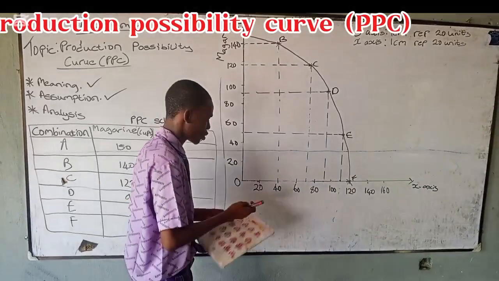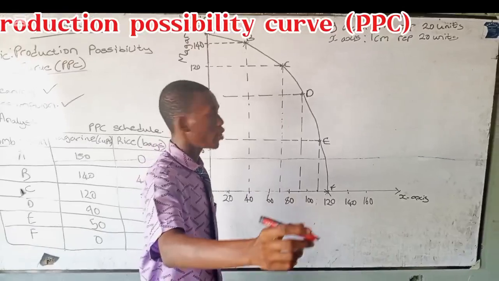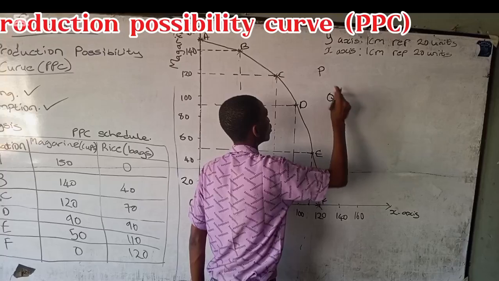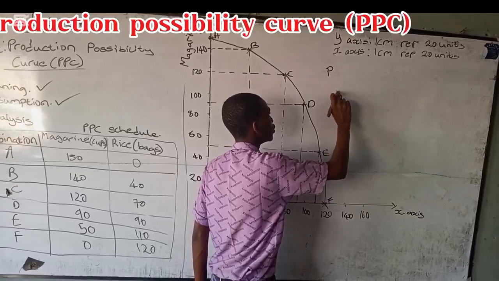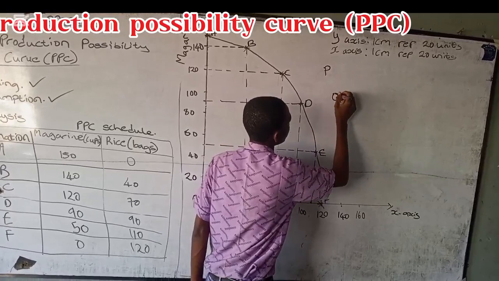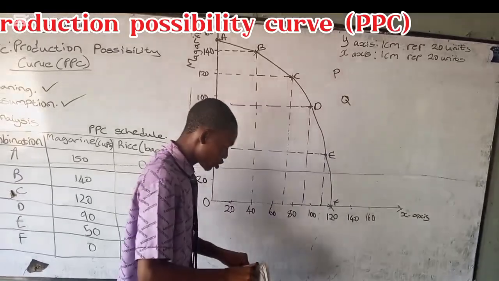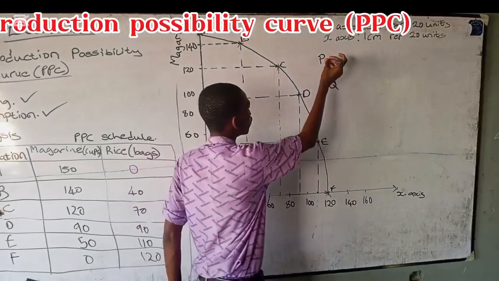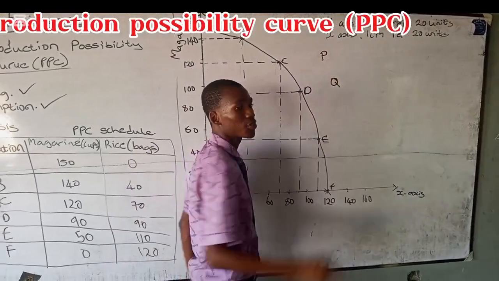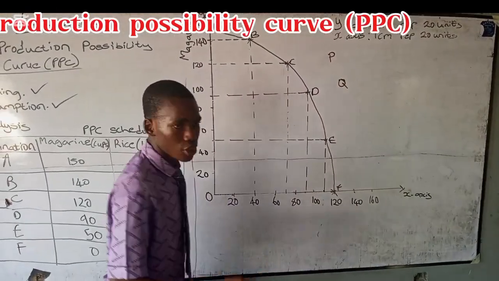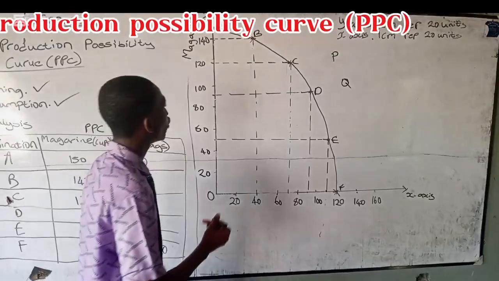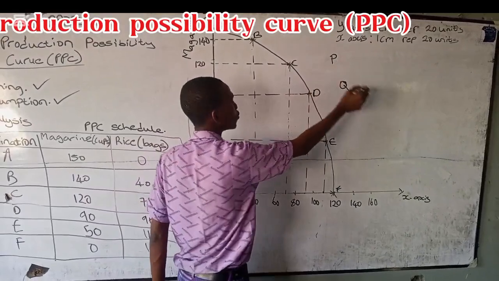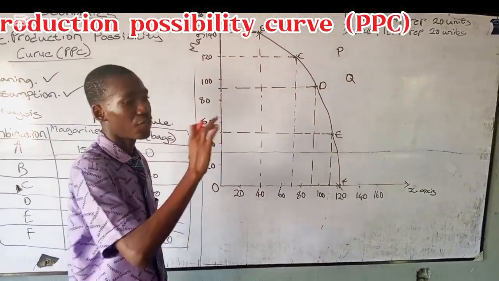Indicate points P and Q. Points P and Q on the graph represent the non-feasible region of the graph. Why are points P and Q non-feasible? This is because of the resources we are given; no matter how we combine the production, we cannot get to points P and Q because resources are scarce and they are fixed.